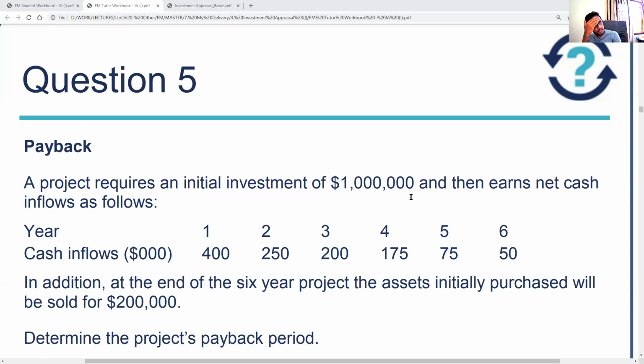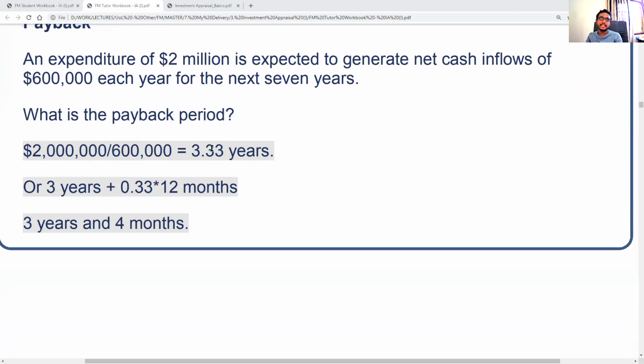No, sir. So get that decimal, like what we did here, 3.33, and multiply by 12. If you want, you can multiply it by 365 and get the exact number of days. But we usually go with years and months.